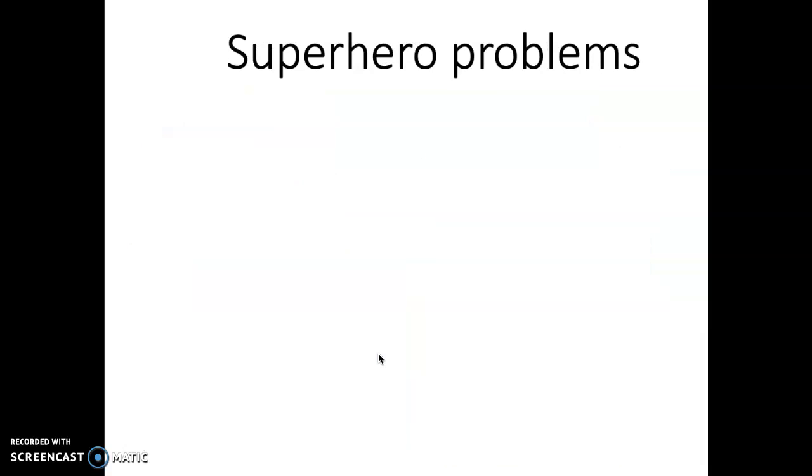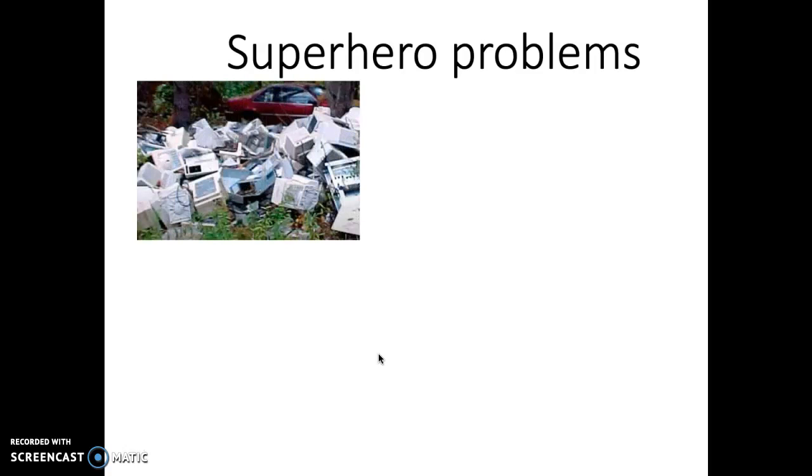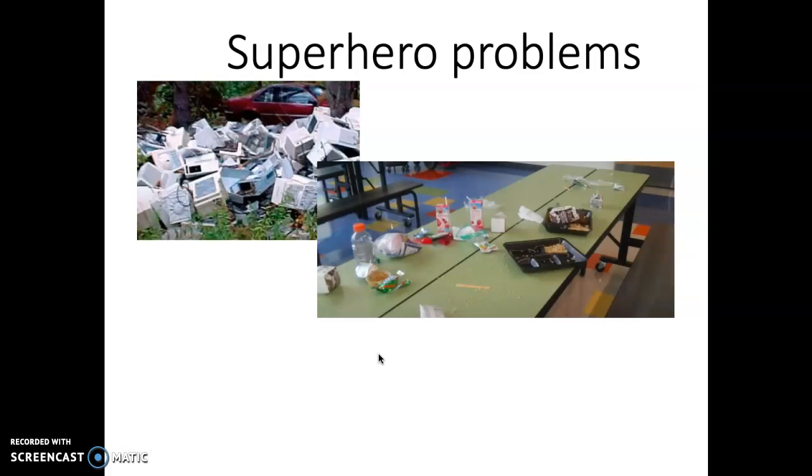The other thing that you need to be thinking about is, what is the problem that I'm going to have my superhero solve? That will really help you with what your setting is. Like, if you're going to be working with broken technology, you'll probably be in the CDI, or maybe in the classroom. If you're going to be cleaning up trash, maybe you'll want to be in the lunchroom.